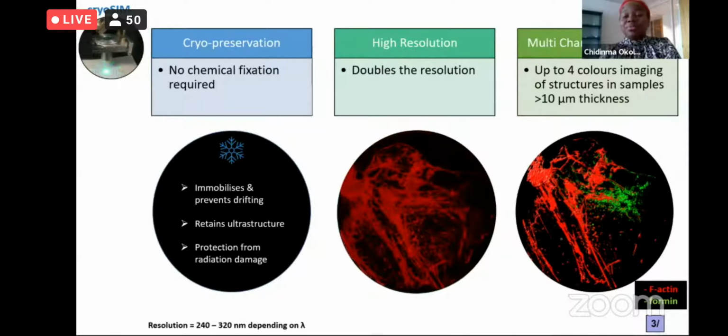Interestingly, we are also able to double the resolution that we would normally obtain from conventional imaging. As well, we can do multi-channel imaging of up to 4 colors to be able to determine localization, distribution, or redistribution of proteins.